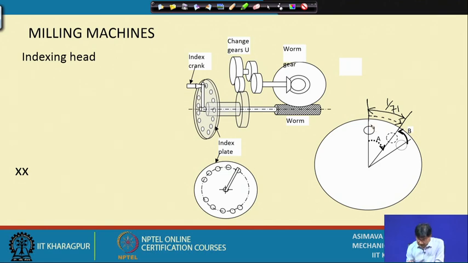So, by the time the crank comes from here to reach this position, why not make the plate move back exactly by this amount?